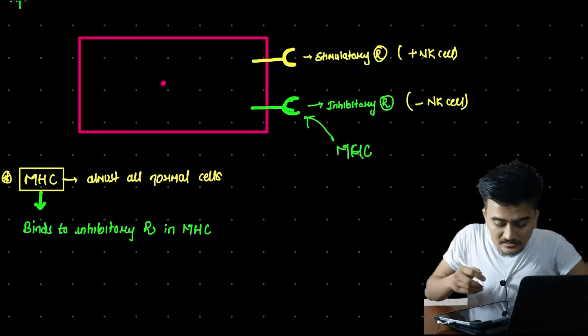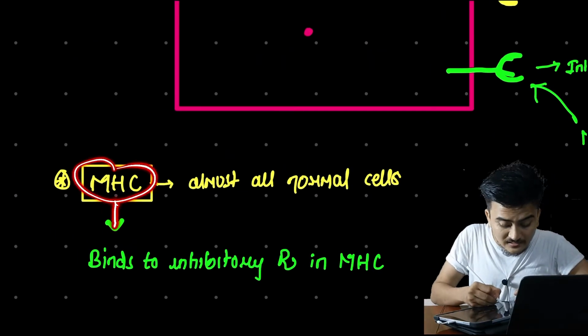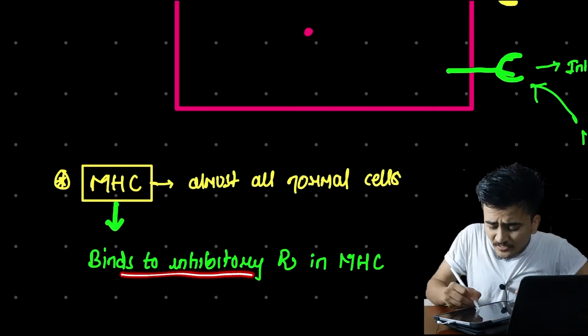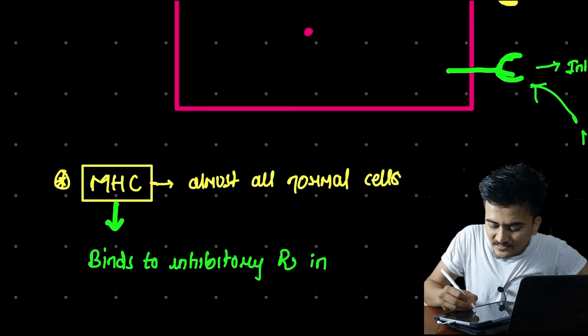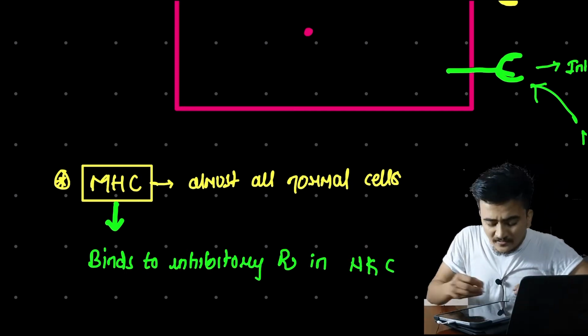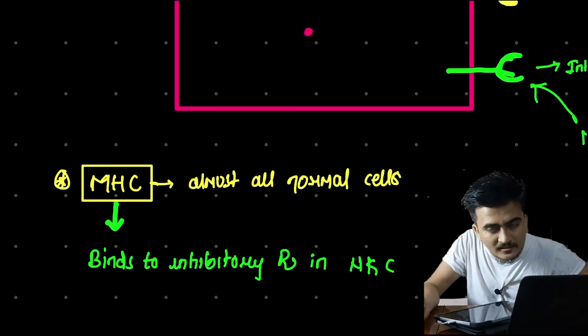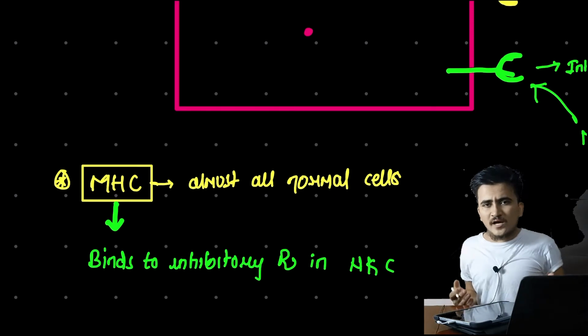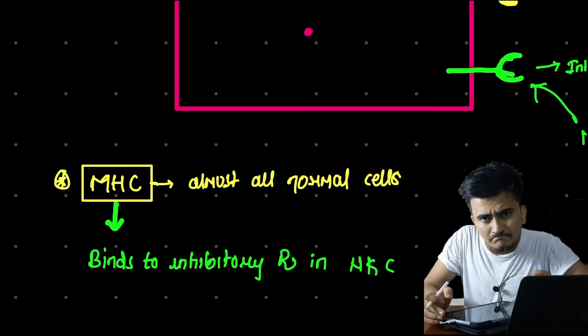Because that normal cell consists of MHC, which binds to the inhibitory receptor in the NK cell. If it binds to the inhibitory receptor, will the NK cell be activated? Obviously not. That's why the NK cell won't affect normal cells of the human body.